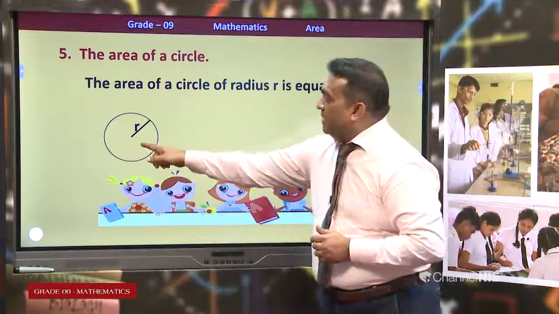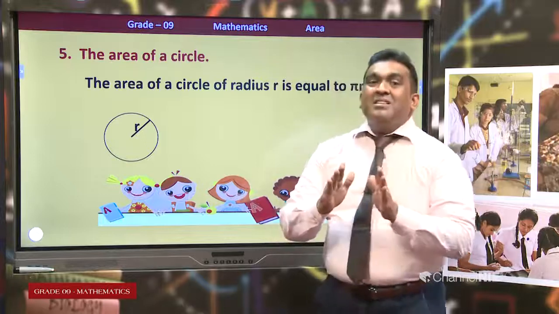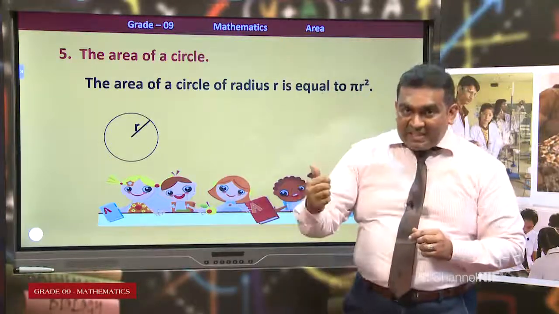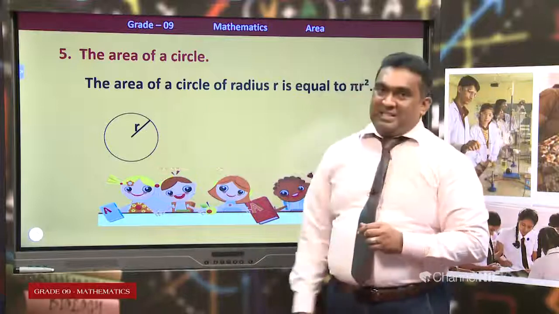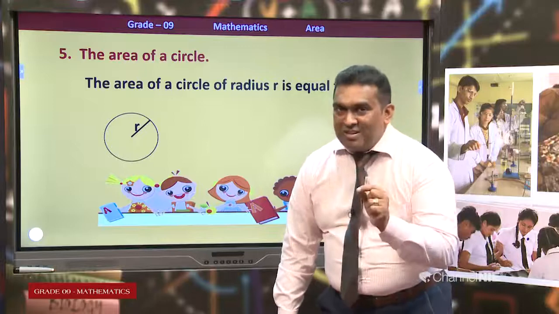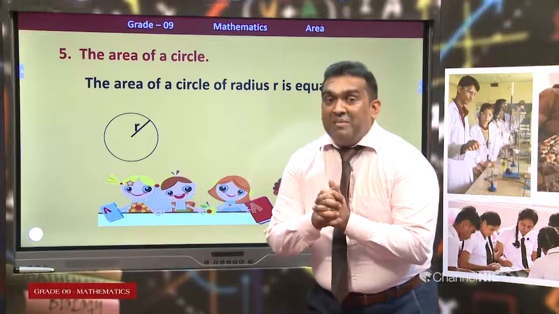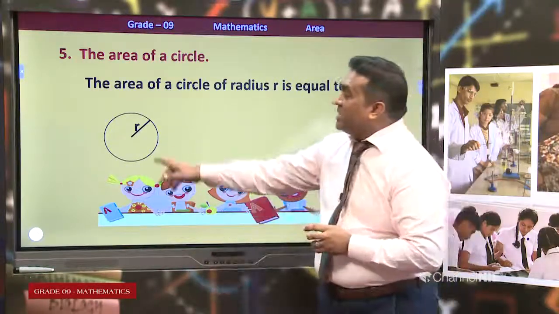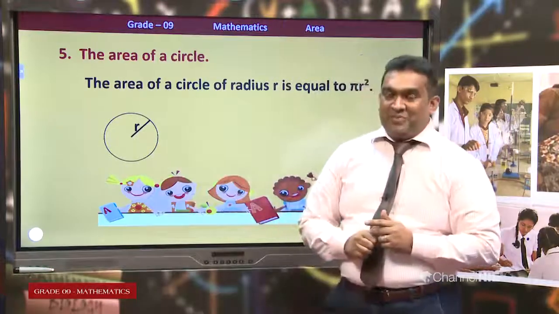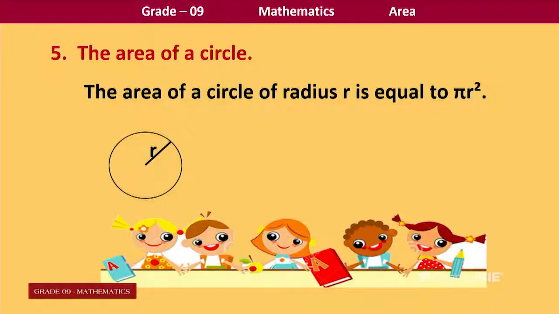What is this measurement? This is called the center. The length from the center to a point on the circle is called the radius, right? In grade 6 class, you learned radius is half of the diameter. Diameter is twice the radius, right? Here the area of a circle of radius r is equal to pi r squared.